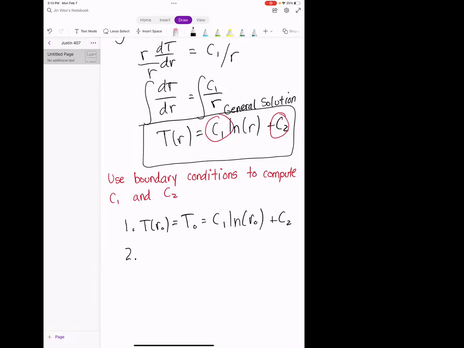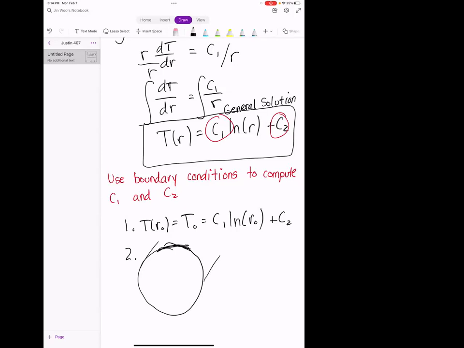For the second boundary condition, let's look back at our domain and think about what's unique about this domain compared to our last example. In this problem, we have a solid cylinder.